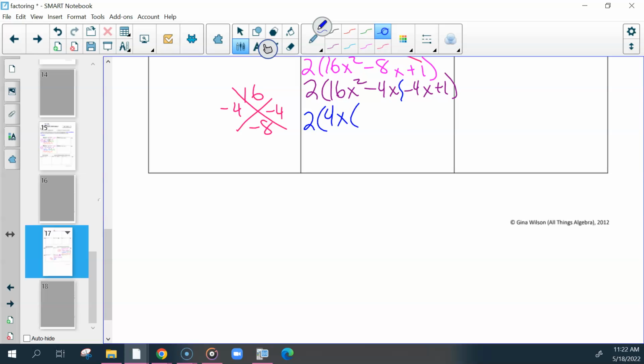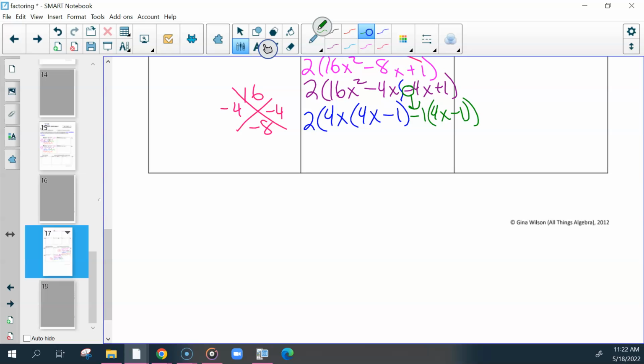So if we divide out 4x out of these first 2, what would be left? 4x minus 1, yeah. And then out of the last 2, what could we divide out of that? 1, but since this one is negative, this would be negative 1. If we divide out a negative 1, what would be left? 4x minus 1.